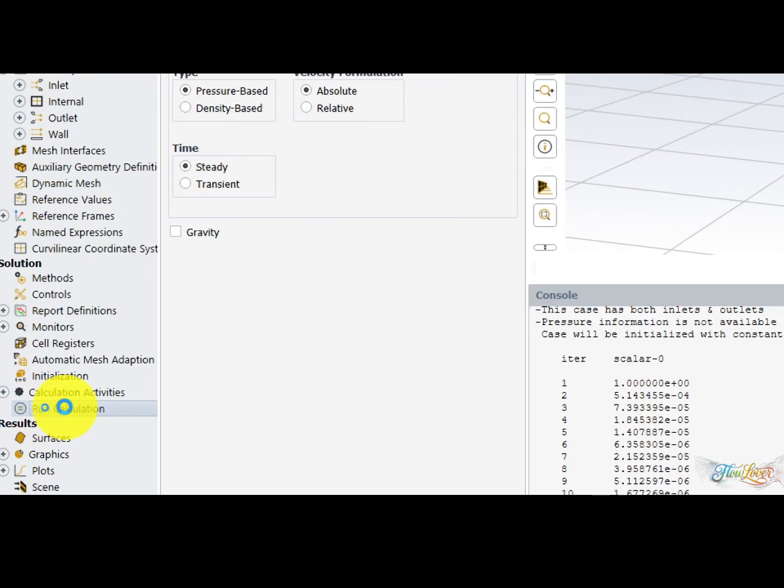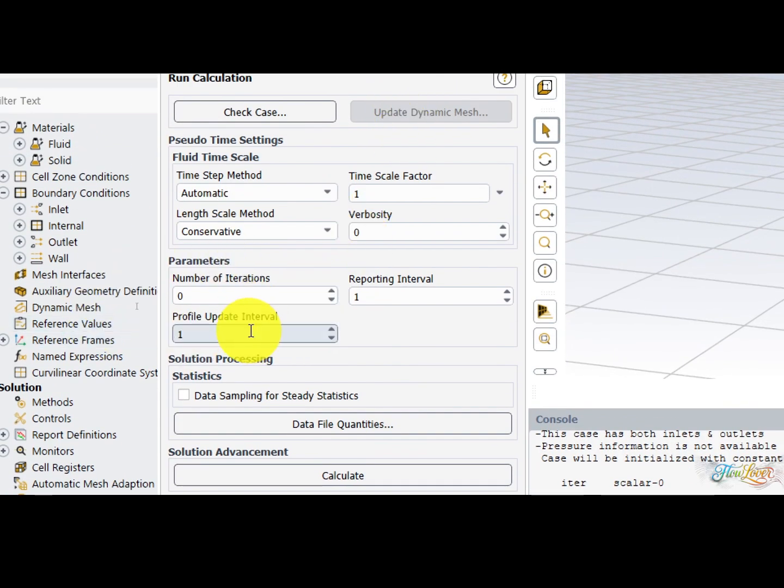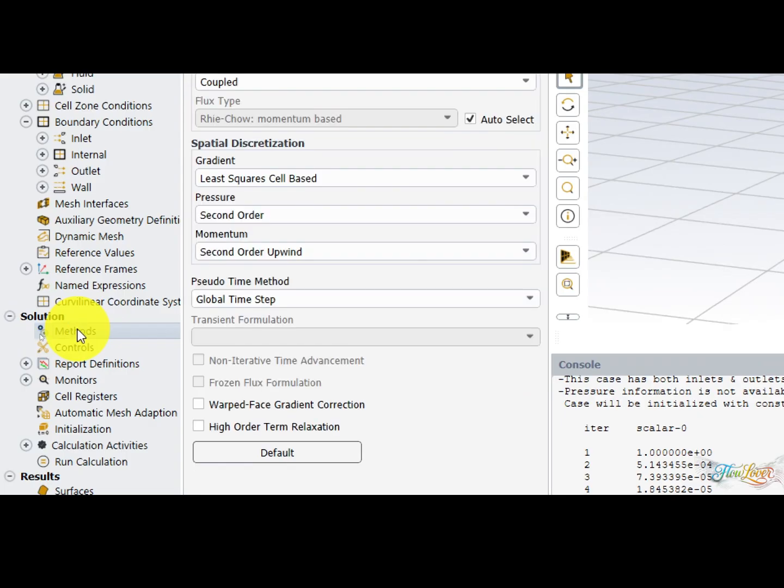And the last part is running the equation, running the calculation. Because we have a steady simulation, here we have only the number of iterations. We choose it to be 1000. Before running the calculation, we can also double check some more things, the methods and the controls.